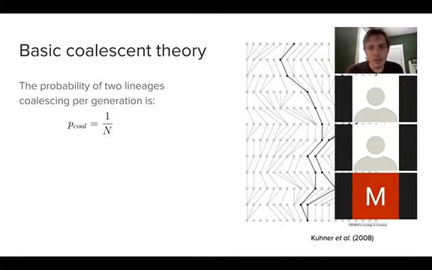If you recall, in the Wright-Fisher model the entire population reproduces each generation and reproduction is entirely random, and we used it to figure out the probability of any two lineages coalescing at a particular point in time. We realized that the probability of two lineages coalescing in a particular generation is equal to 1 over N, or 1 over the population size.